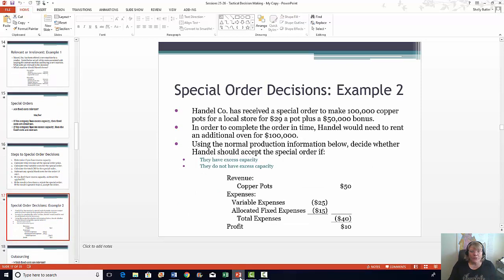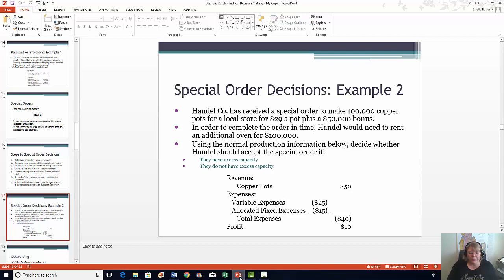So we have a special order decision here, example 2. Handle Company, pretty innovative. That's again Dr. Porter's. Handle Company has received a special order to make 100,000 copper pots for a local store for $29 a pot, plus a $50,000 bonus.